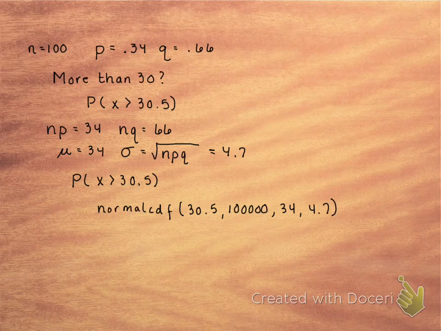So the probability, or the area to the right of 30.5 on a normal distribution curve, is 0.7718. Easy stuff. Moving on to try it yourself 4.